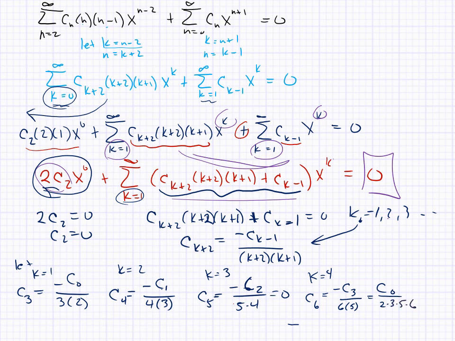Let's go a couple more. Let's go k equals 5. That'll give me c sub 7, which would be negative c sub 4 over, where are we at here? 7 times 6.